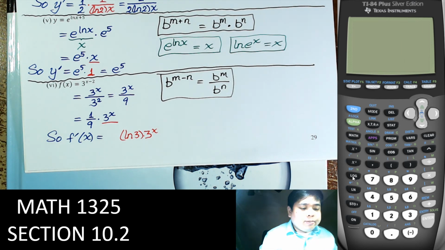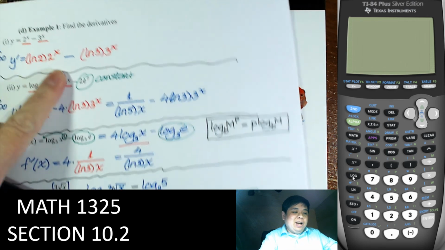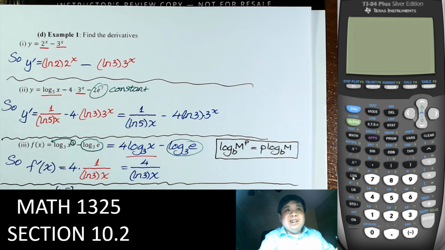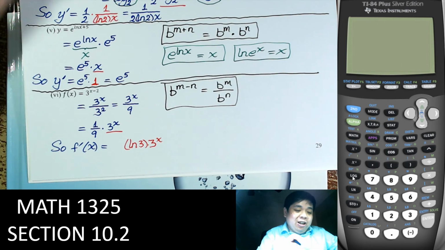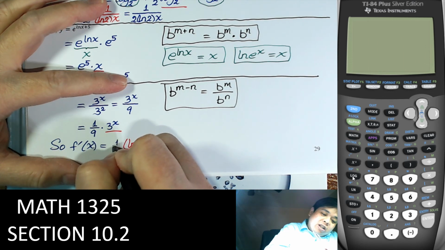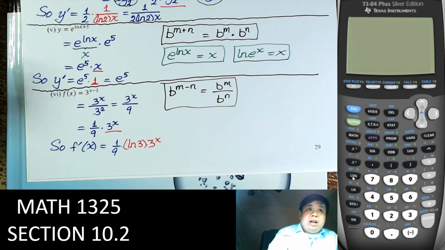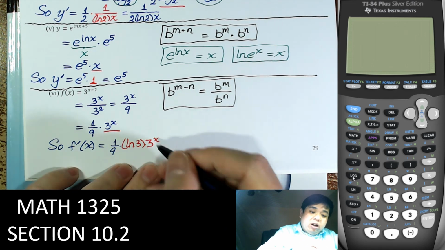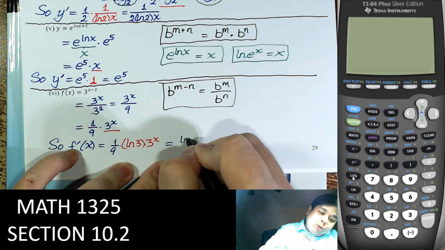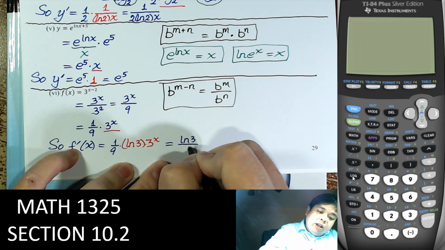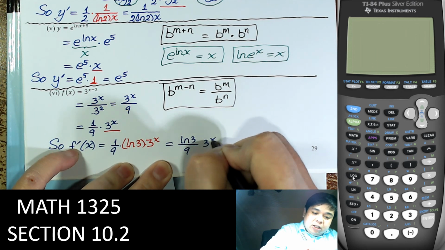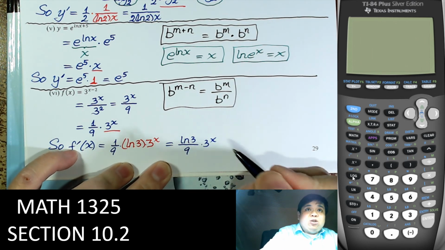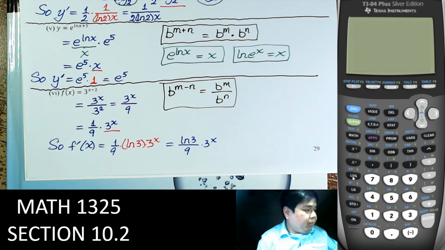In the general log, of course, we have the exact problem earlier. Now we just have 1 over 9 as a constant multiplied to it, and that's pretty much it. If we want to, we can say ln of 3 times 1 on the top. We say ln of 3 over 9 times 3 to the x. We cannot cancel anything, and that's as far as we go.